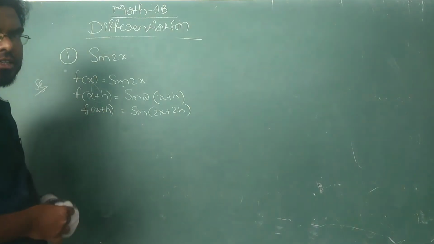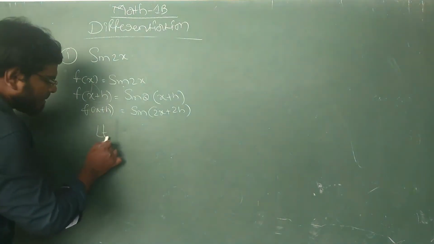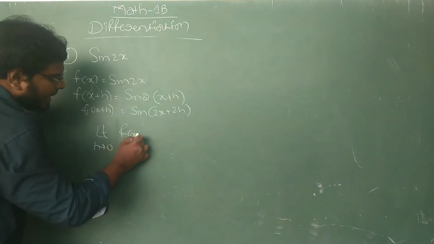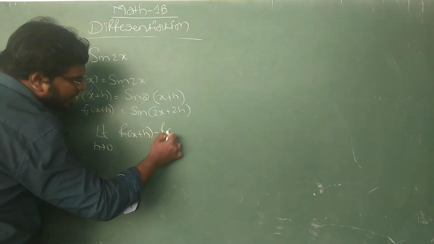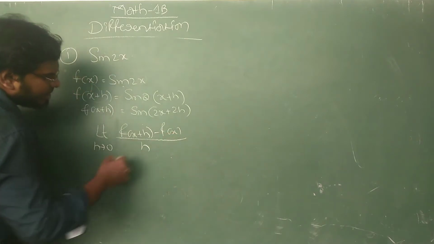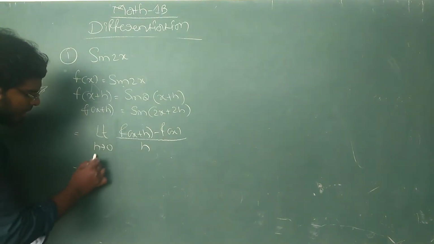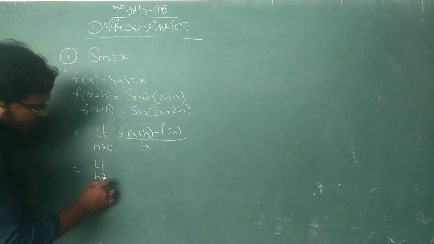Now write the formula here: limit h tends to 0, f of x plus h minus f of x by h. Now substitute here. Limit is limit only, limit h tends to 0.